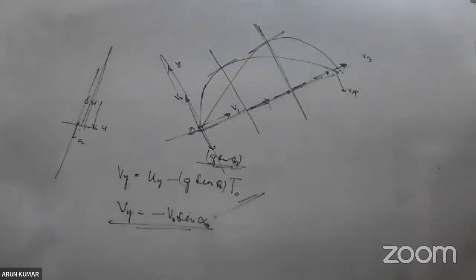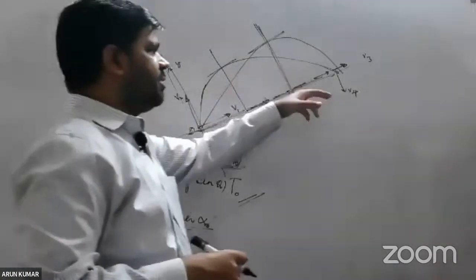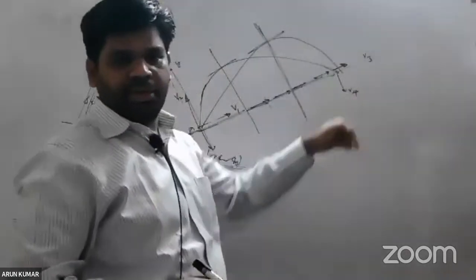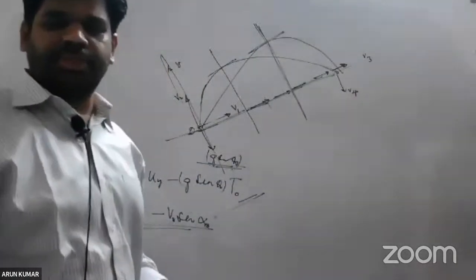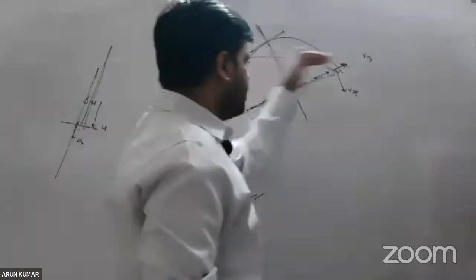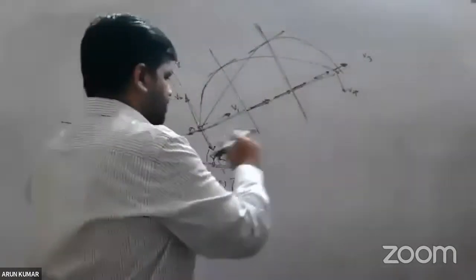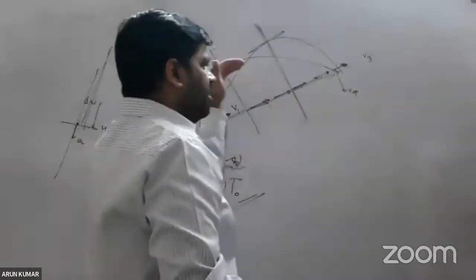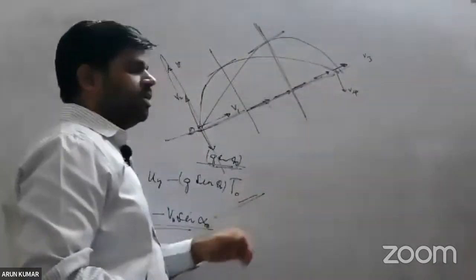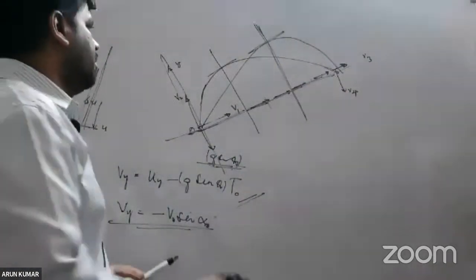Okay, so this is fine. Now, that was a case where it was hitting the plane perpendicular to the plane. But now I have a condition that it should hit the plane horizontally, that is, parallel to the ground. So how will that motion be?